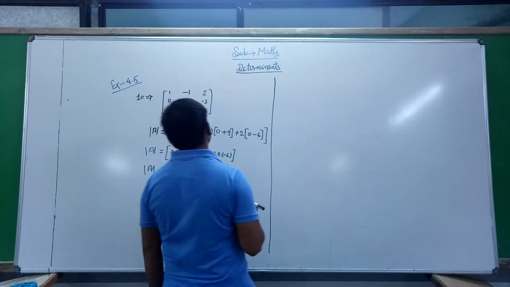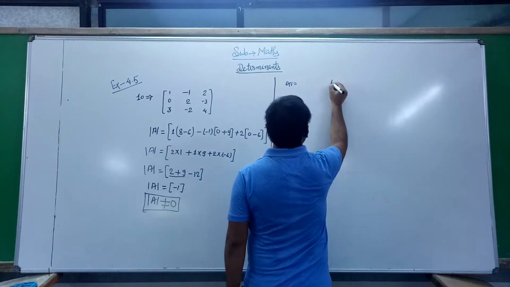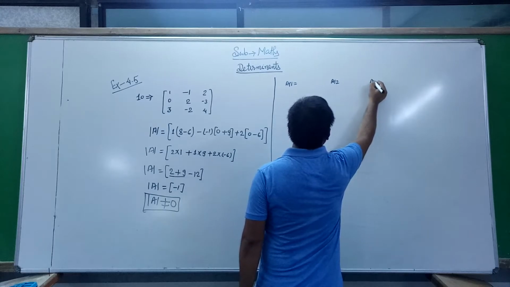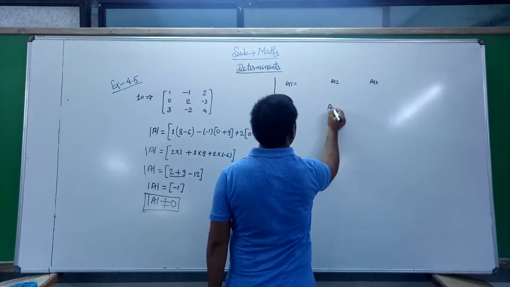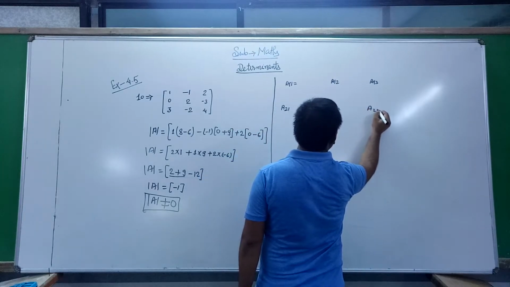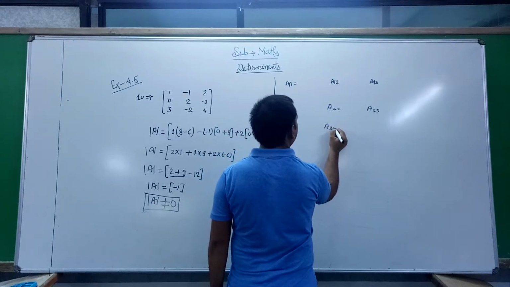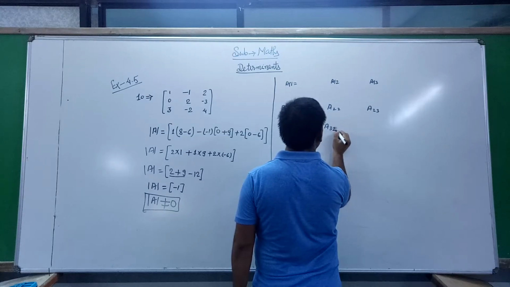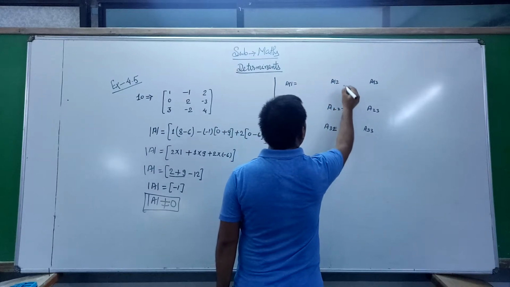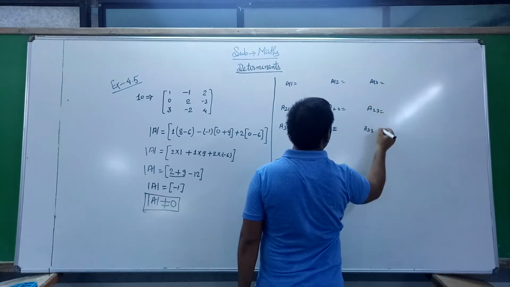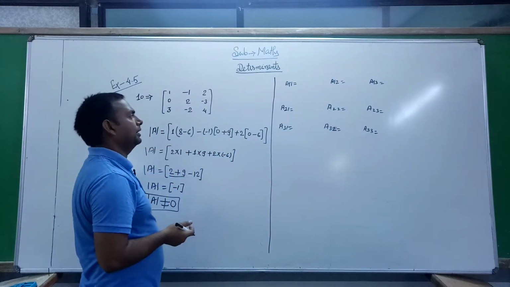You see here that for the cofactors, first I find A11, then A12, then A13, then A21, A22, A23, then A31, A32, and then A33. Okay, then first we find A11.